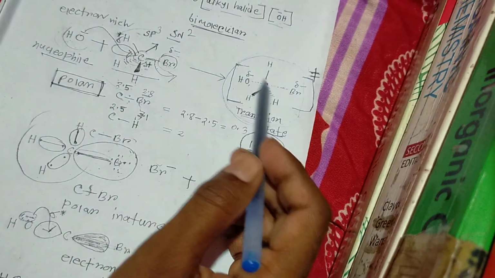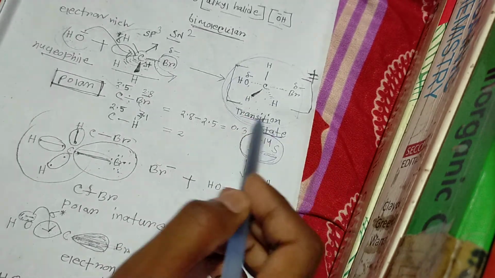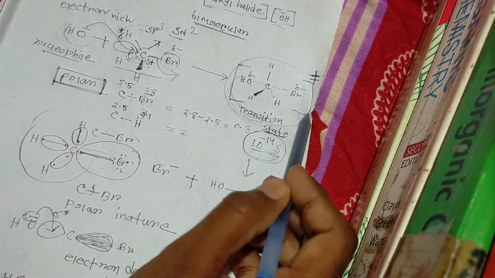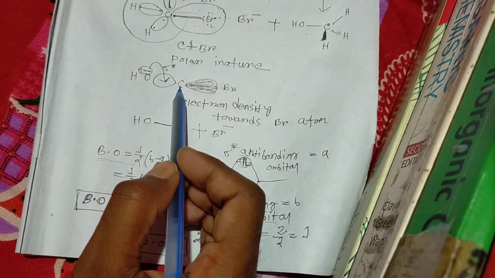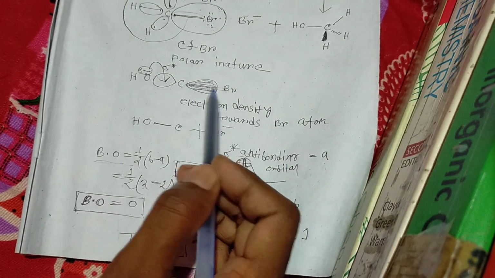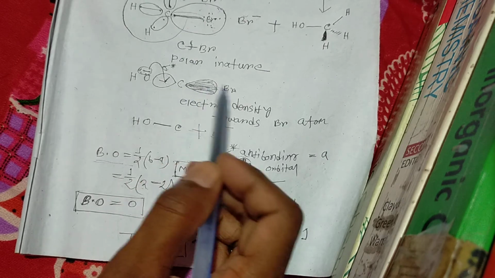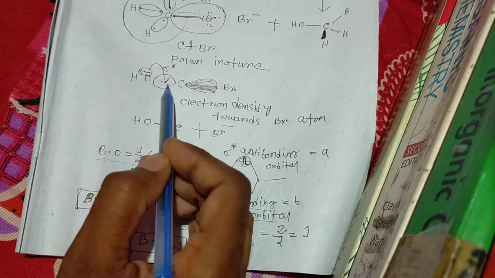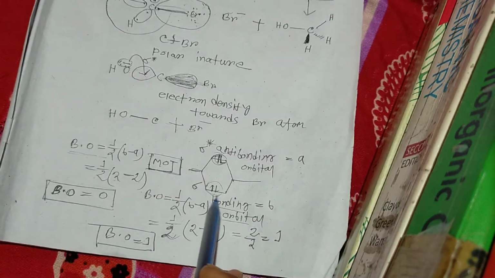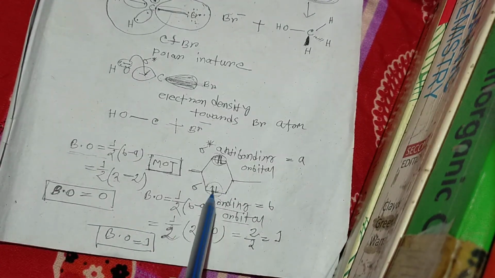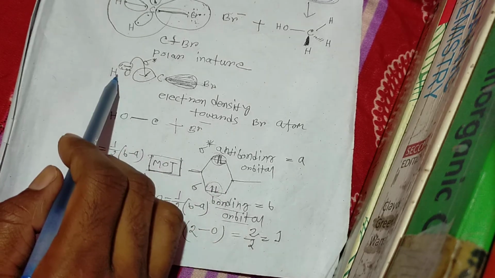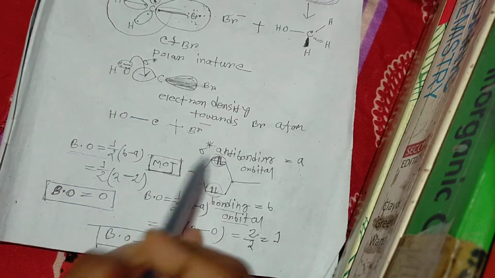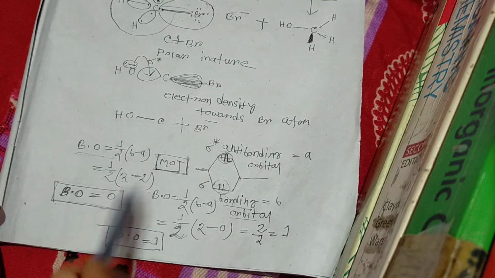Why is this five-bond formation of carbon not verified? The answer is that when the carbon-bromine bond forms, this is called a sigma bond. Obviously, there is a bonding and an antibonding orbital. When OH minus gives its electrons to the antibonding orbital, the bond order becomes 0.